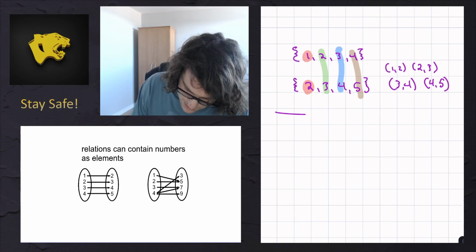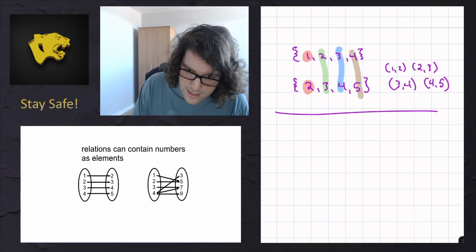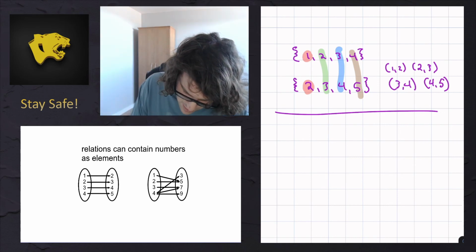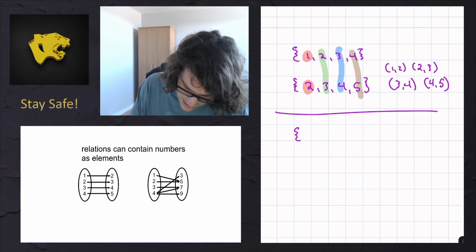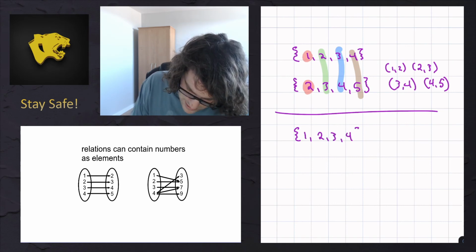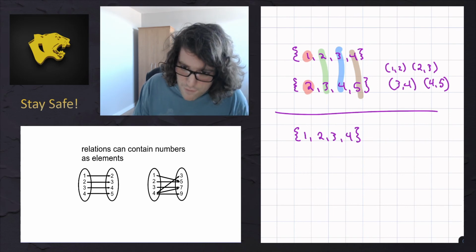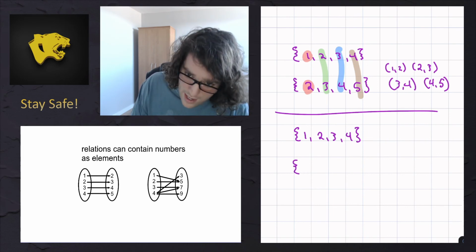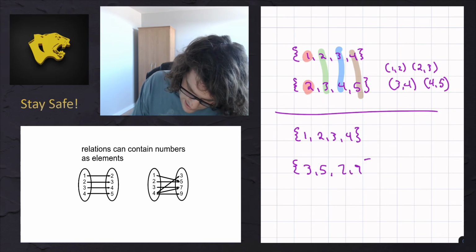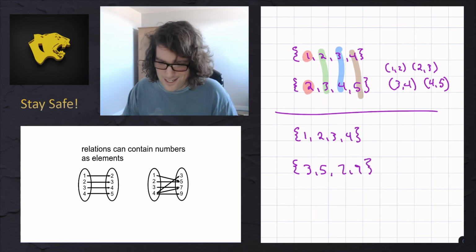If I were to instead do the second example, I am going to write it all over again just for practice. 1, 2, 3, 4 as my elements in the first set. And then I have 3, 5, 7, and 9 as my elements in the second set.